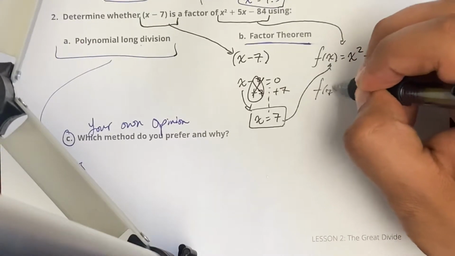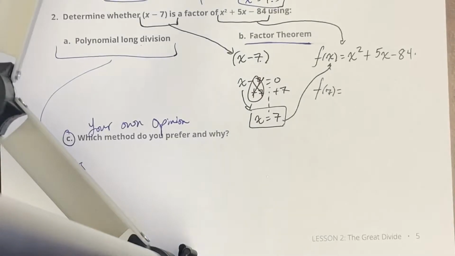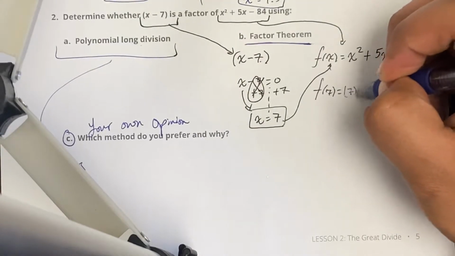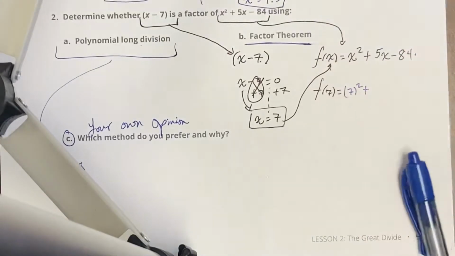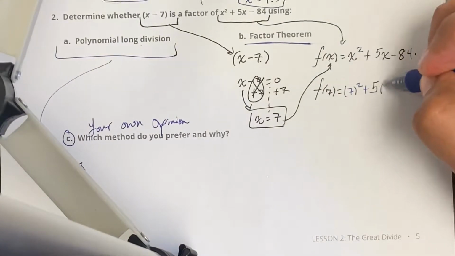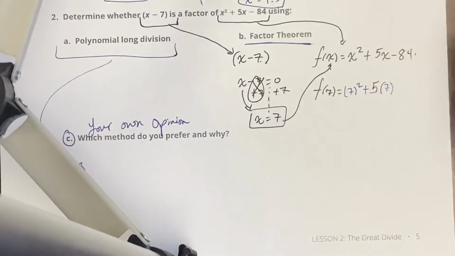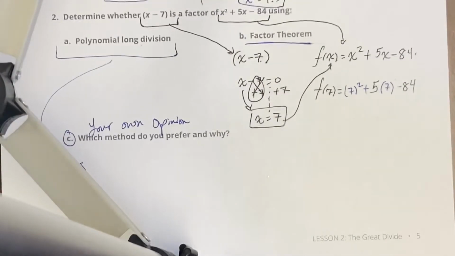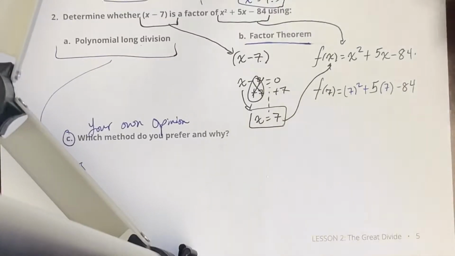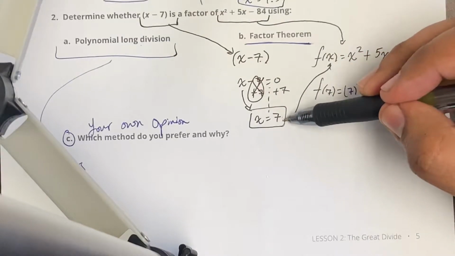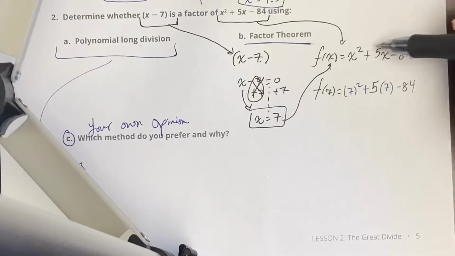f of 7 equals, check it out, replace my x with 7, plus replace my x with 7. Beautiful, beautiful. We're replacing our x's with 7 because we want to see if indeed this is a 0 of this function.